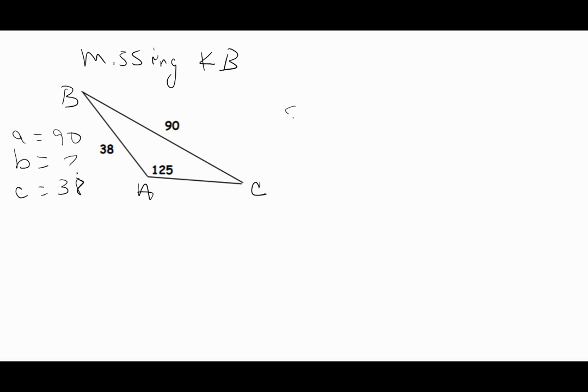So the sine of angle A, which is 125, divided by 90 is equal to, and we're looking for angle B. Oh, might as well change it. We don't have a value for angle B. We'll do angle C. So the sine of C over 38.